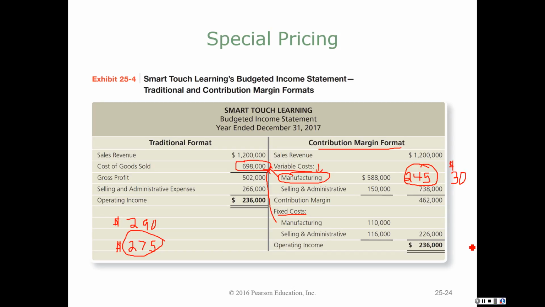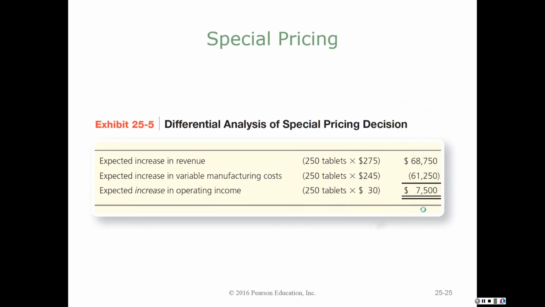If I'm only looking at the quantitative factors, by all means accept the special order, because $30 times 250 tablets is an additional $7,500 in contribution margin. This illustration is in your text if you would like to flip to page 1387 and follow along. Quantitatively, we could accept this order. I'm going to generate an additional $68,750 in revenue, 250 tablets at $275 each.